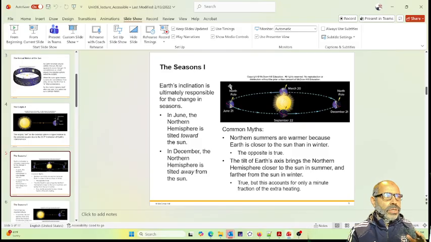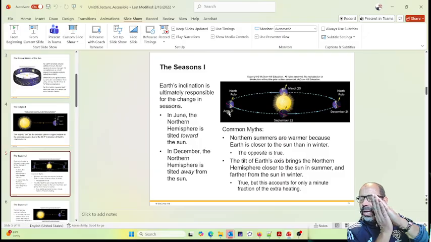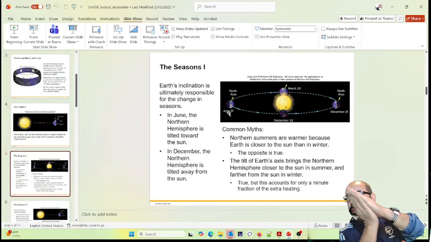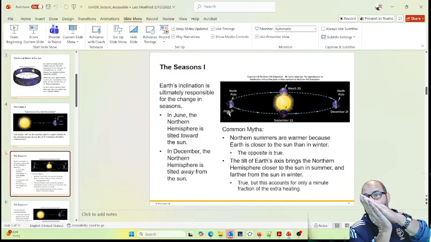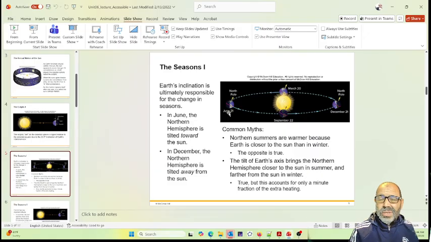And in June, there is summer in the northern hemisphere and winter in the southern hemisphere. So you might think we are pointing toward the sun in the northern hemisphere, therefore it's hotter, and away from the sun, therefore it's colder. There is an effect, but it's really a small effect. It says in here, it's a minute fraction of the extra heating. So it's not really the main thing.